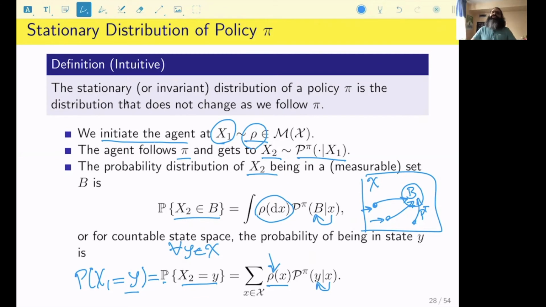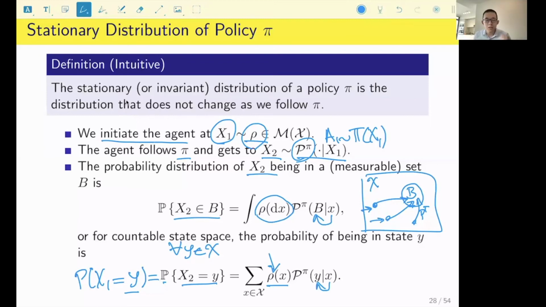No, well, okay, so this is not the stationary distribution of the policy. I guess I understand what you're saying. This is the distribution induced by the policy. We choose action according to policy pi, and then at the next state we go to x2. So here, this is P pi. When I have it, it means that I'm choosing action A1 according to some policy pi, and then I go to x2 according to the dynamics.